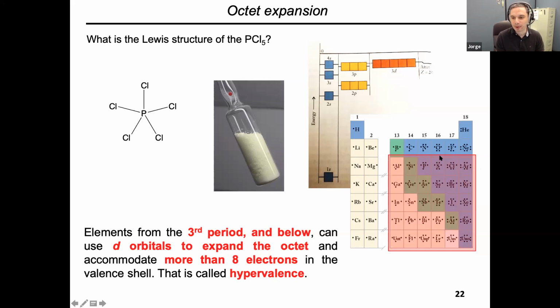Octet expansion will happen for any of the elements between the third period and the fourth, fifth, sixth, seventh period. So all these elements here can expand the octet and accommodate more than 8 electrons in the valence shell if needed.